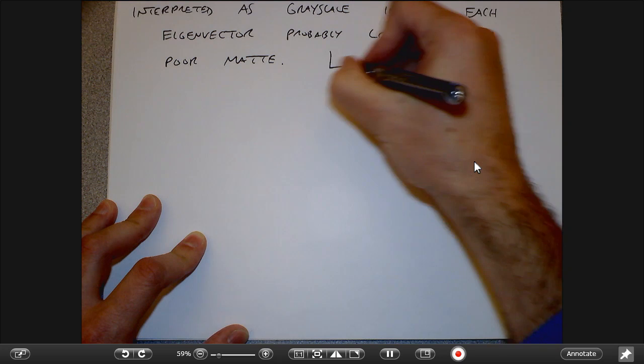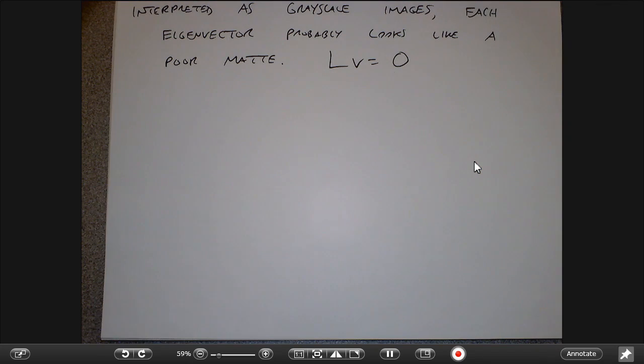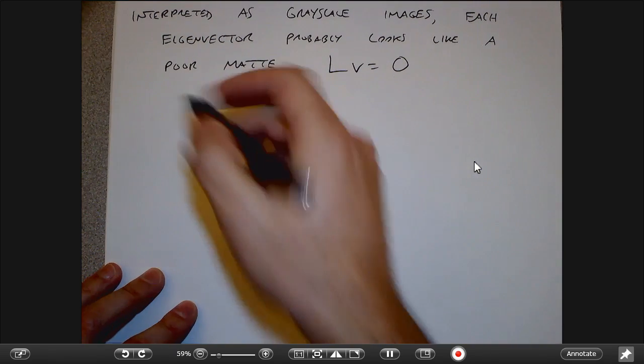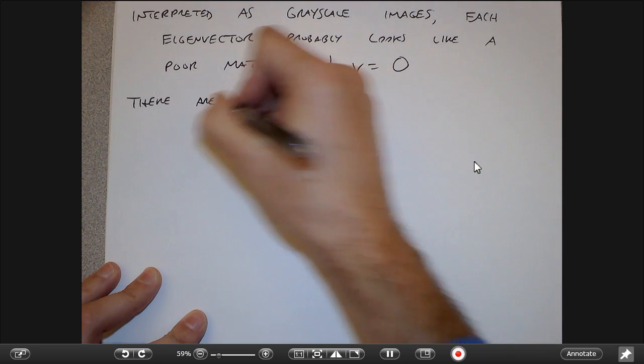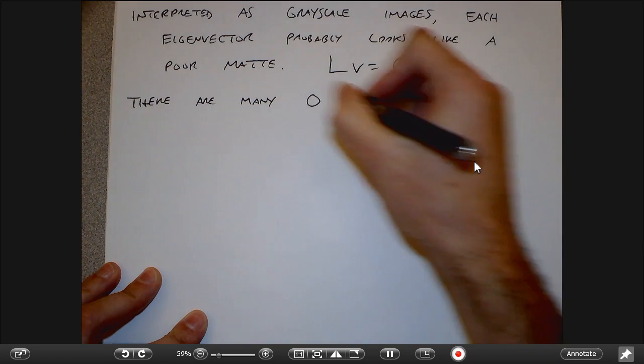So even though I may have something that satisfies this, that V, when I look at it, could be kind of a crappy looking map. But there are many zero eigenvectors.